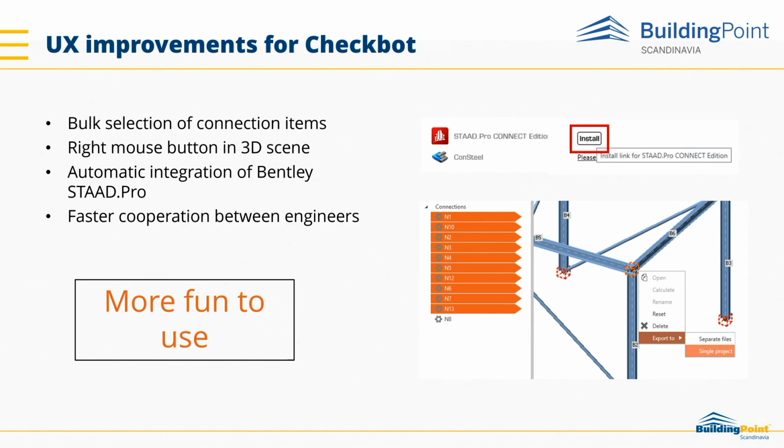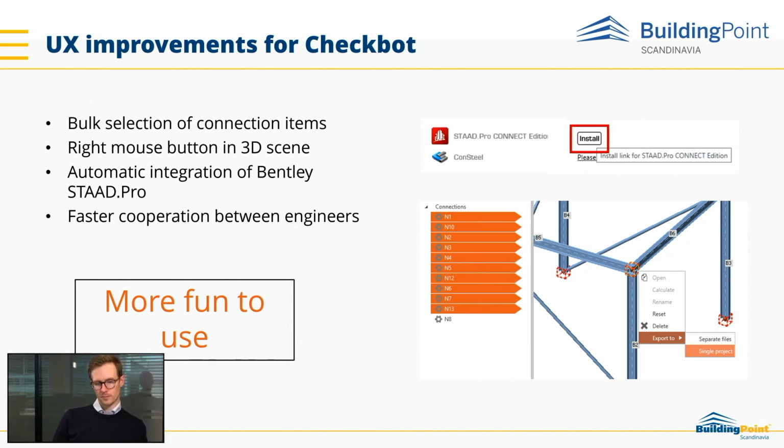So the improvements for Checkbot: you can now choose bulk selection of connection items in Checkbot. Before you could only choose one, but now you can choose more than one. Also, the right mouse button is available.